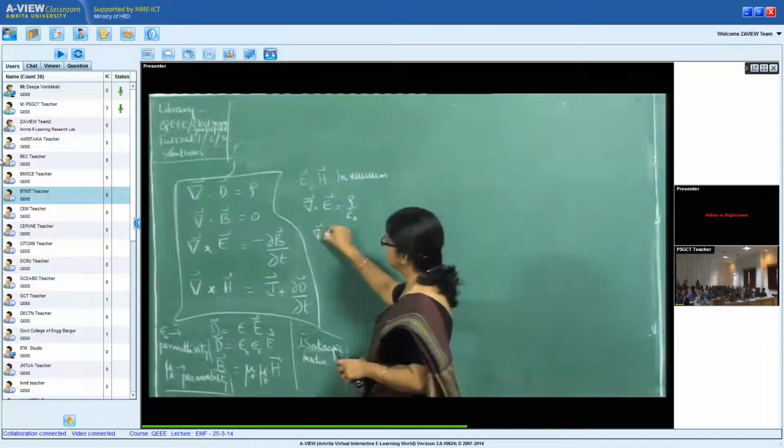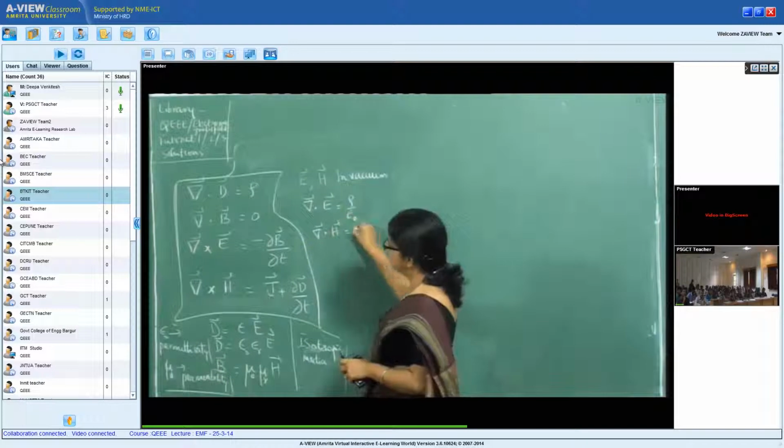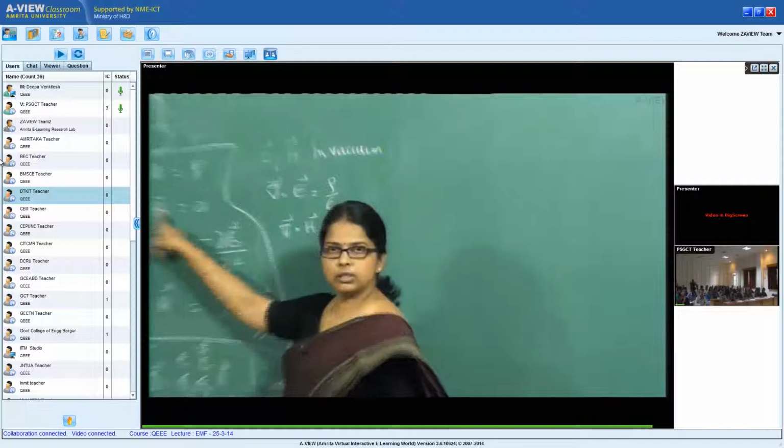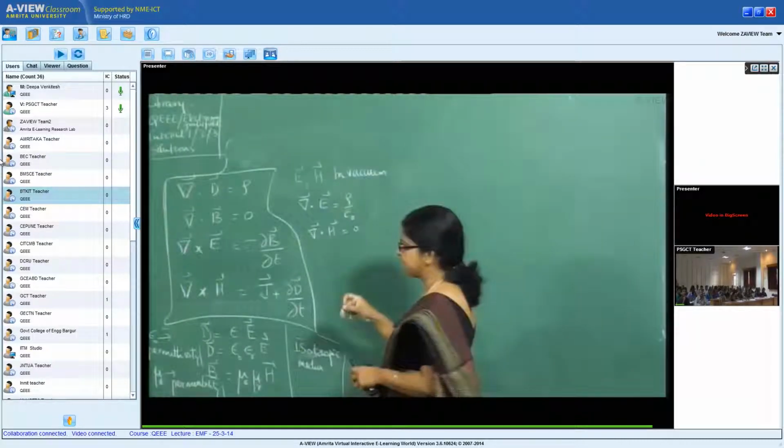Divergence of B is 0, because even if I put B equal to mu H, mu is not 0, so divergence of H should be 0.